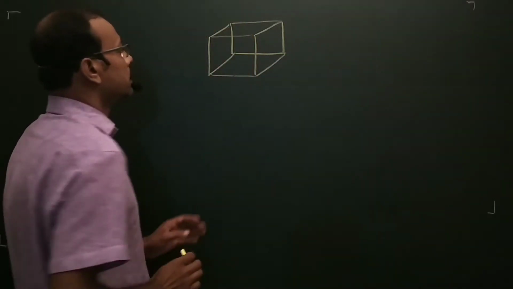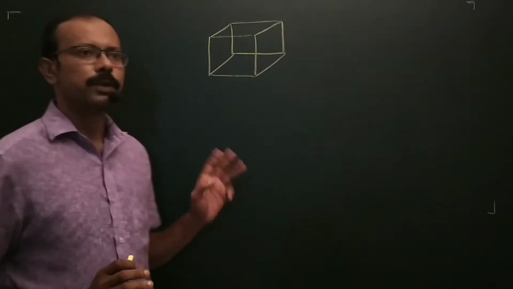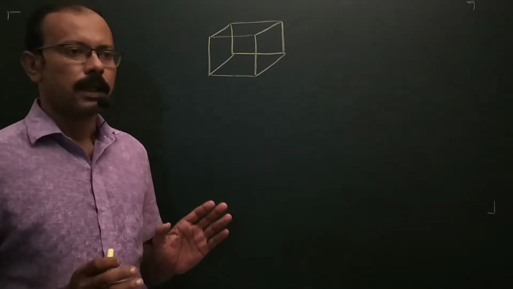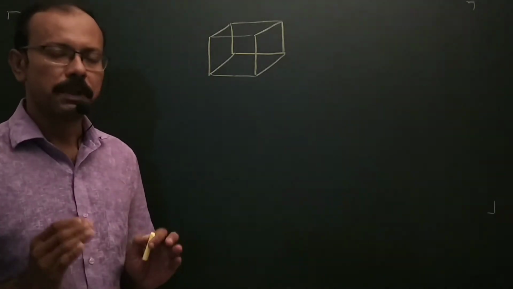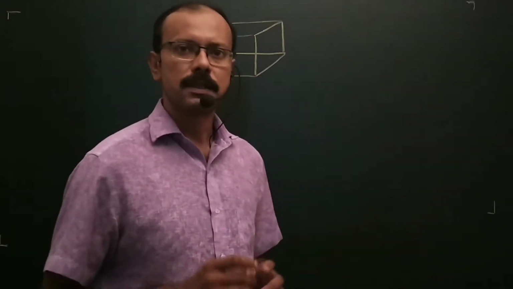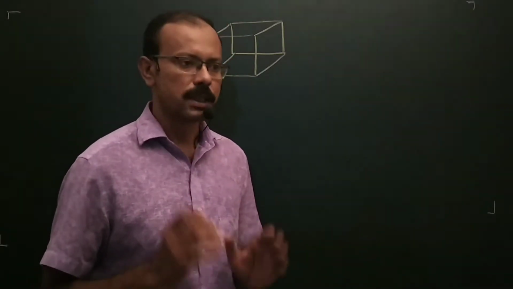For this cubic unit cell we know that three types of primitive cubic unit cell exist in reality, and those are SCC or simple cubic unit cell, BCC or body centered cubic unit cell, and FCC or face centered cubic unit cell.